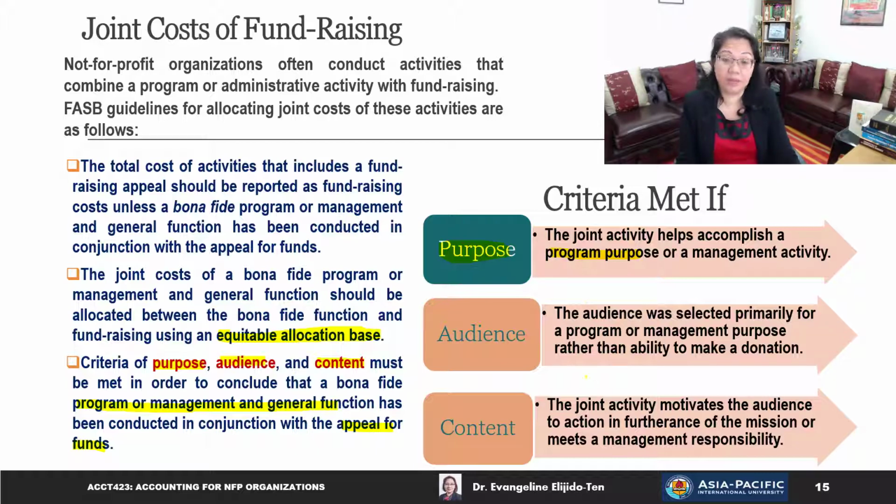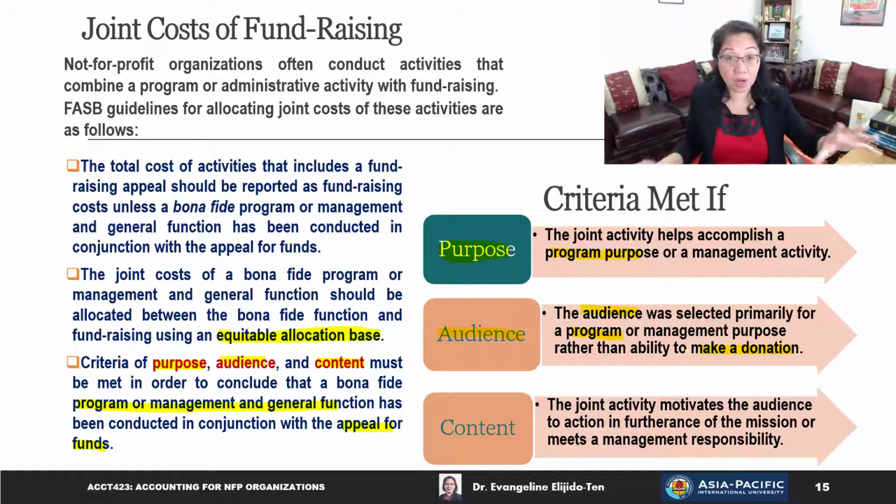If it is to instill healthy habits with the community and the activity accomplishes the purpose, then it meets this purpose criteria. The audience criteria is met if the audience was selected primarily for a program or management purpose rather than their ability to make a donation. For example, they have chosen a particular suburb, and that suburb is the one that really needs boosting in terms of health information to develop healthy habits.